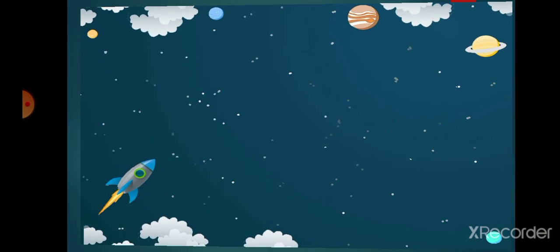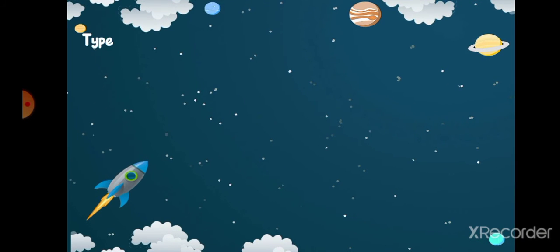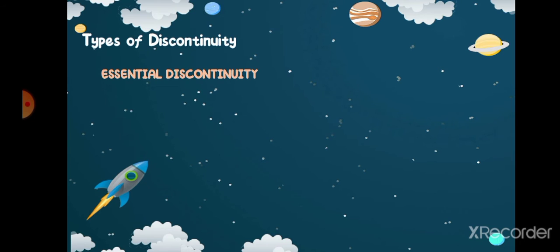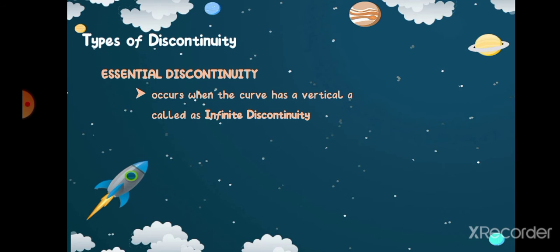The second type of discontinuity is the essential discontinuity. It occurs when the curve has a vertical asymptote. This is also called infinite discontinuity.